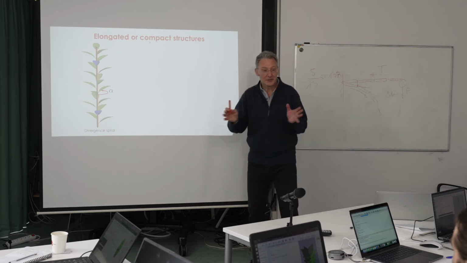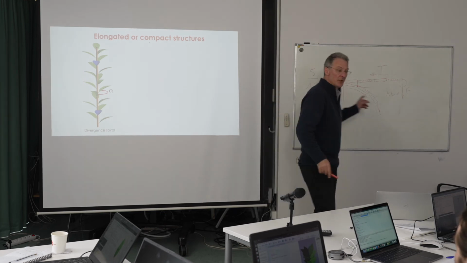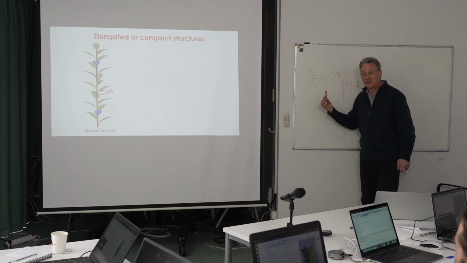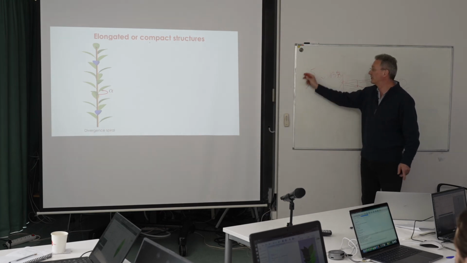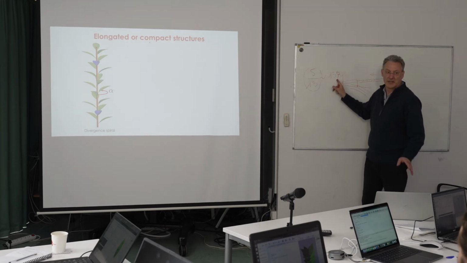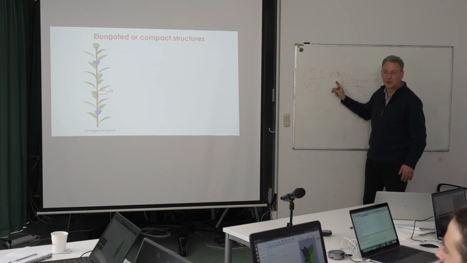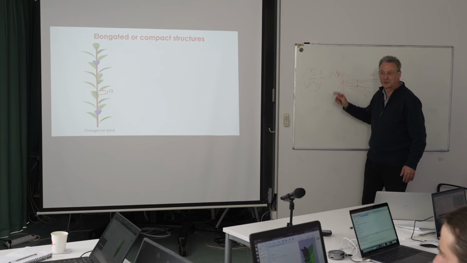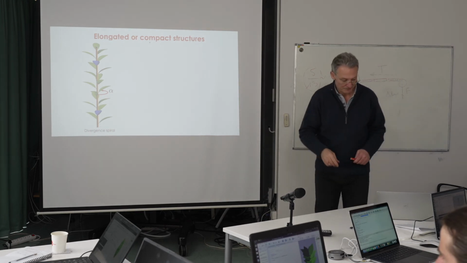So it's very convenient in the field, and botanists use it to classify plant phyllotaxis according to this fraction, which in the most frequent case is close to 137 degrees.